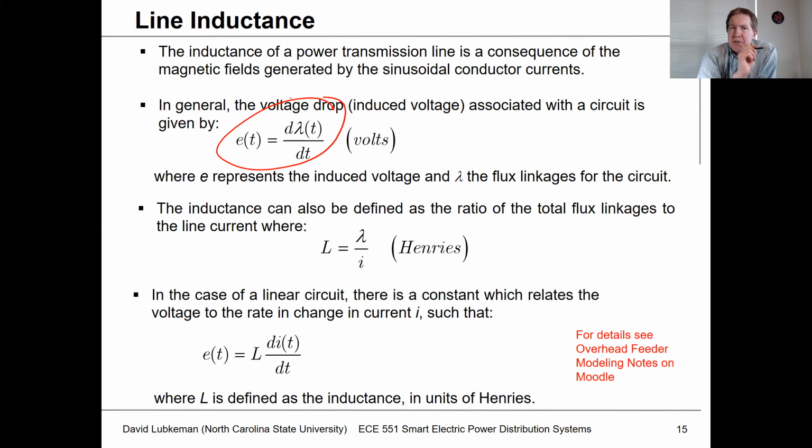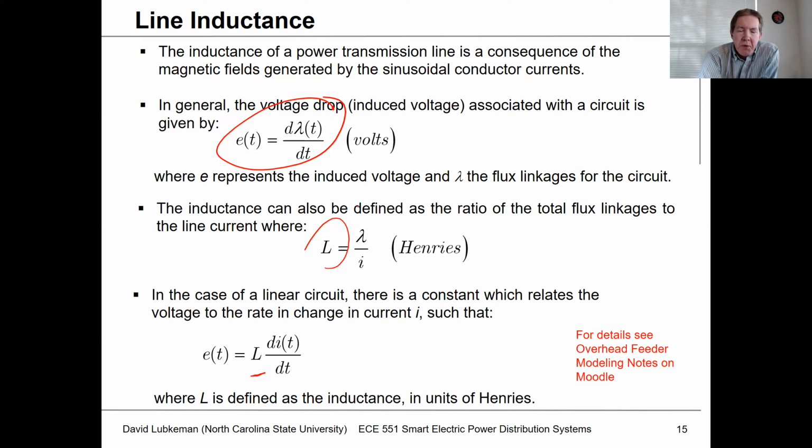If we have a linear circuit, then we're going to have a relationship between this flux linkage and current, where the ratio of flux linkage to current is an inductance, which has units of henries. And if it's linear, then instead of worrying about flux linkage, we can simply write this relationship between voltage and current in terms of this inductance L, where E is equal to L di dt, right?